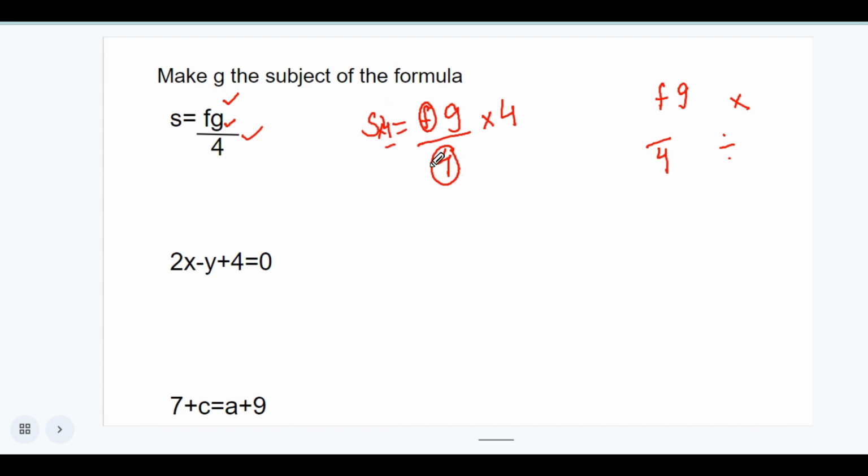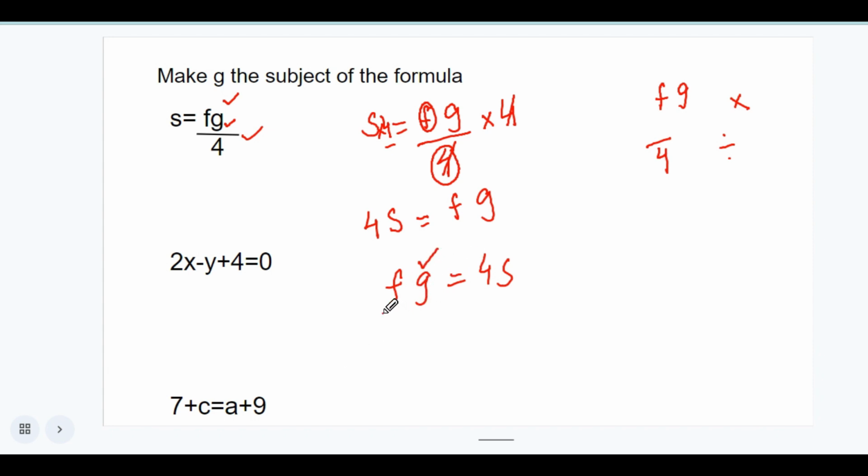Okay, so s times 4 means 4 times s, that is 4s, and here this 4 will be cancelled out with this 4 and we are left with fg. I can write it like this: fg equals 4s, because I need to make g my subject, so that's why I change their sides.